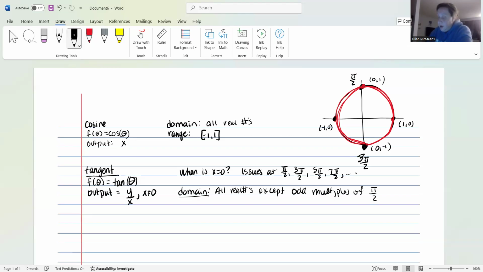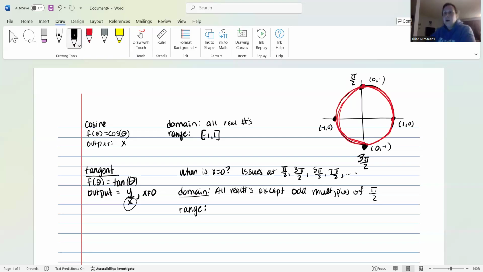okay? The range for tangent is weird, and it all comes down to how ratios work. So when you're dealing with fractions, as denominators get bigger, the fraction gets smaller. As denominators get smaller, the fraction actually gets bigger. So when we're dealing with this, we know that we're plugging in values for x, because that's where the denominator stuff is happening.